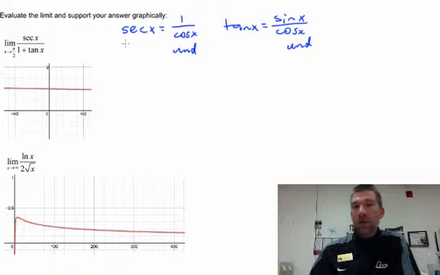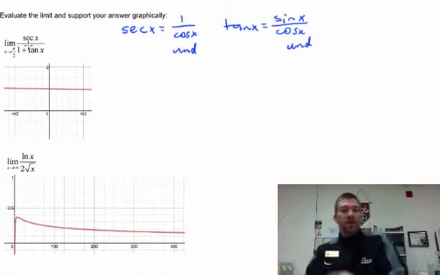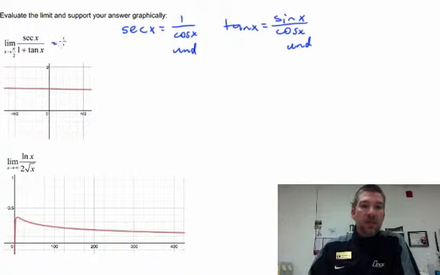So we have a situation here where we have to investigate from one side or the other. On both of these, if you come in from the left-hand side, approaching pi over 2 from the left, then the secant goes to infinity and the bottom guy, tangent, goes to infinity, which is an indeterminate form.